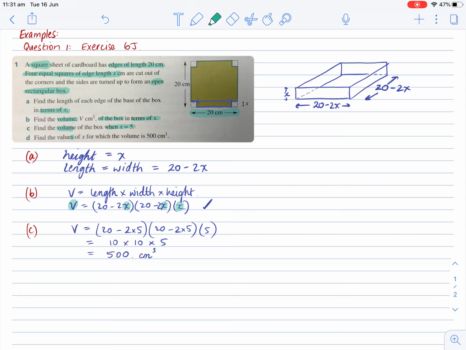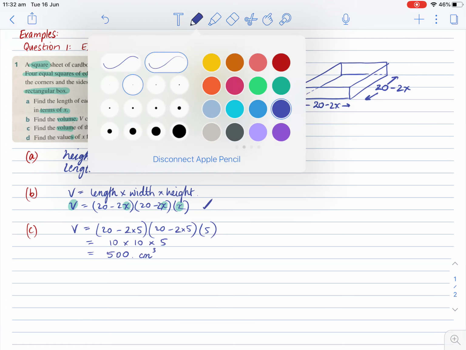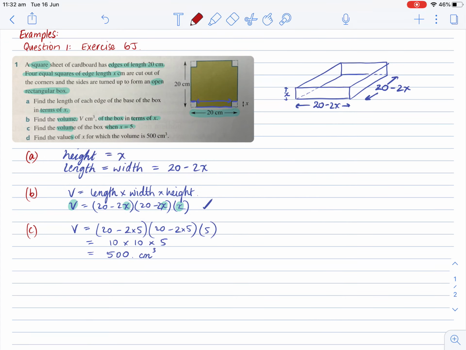Cannot stress this enough. That word values has an S on it, so that means there's more than one. So they're giving you a hint, whether you realise it or not, that I need to do this in a little bit more depth. So my next step now is I want to find out when the volume equals 500.